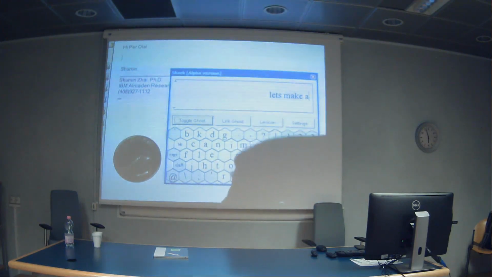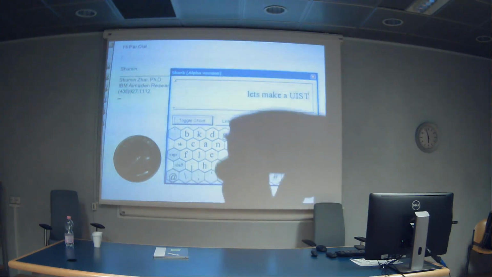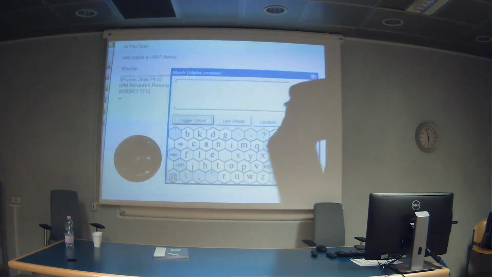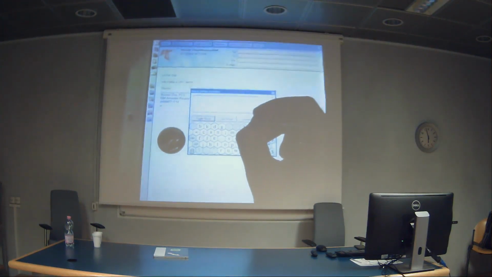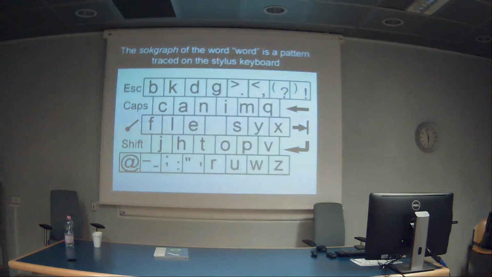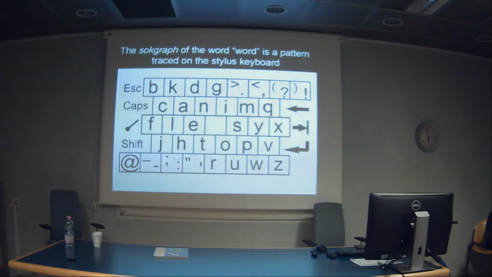The keyboard layout can be either the standard QWERTY or the ATOMIK layout shown here that is optimized for stylus motion. For each word in a large lexicon, a shorthand symbol or a sokgraph is defined by connecting the word's letters on the keyboard. For example, the word "word" is represented by the letter trace W-O-R-D.